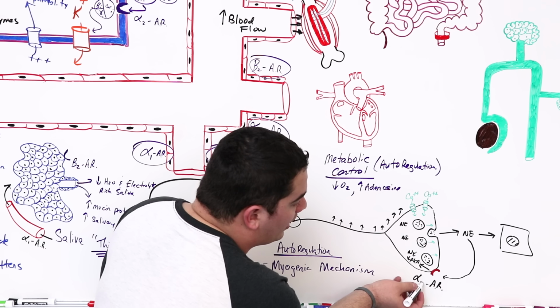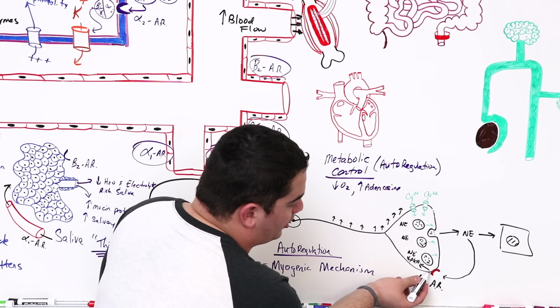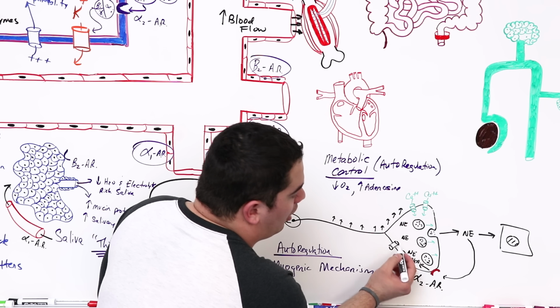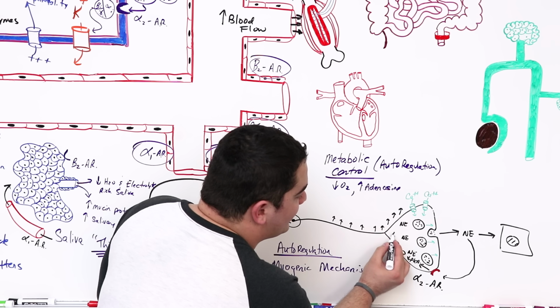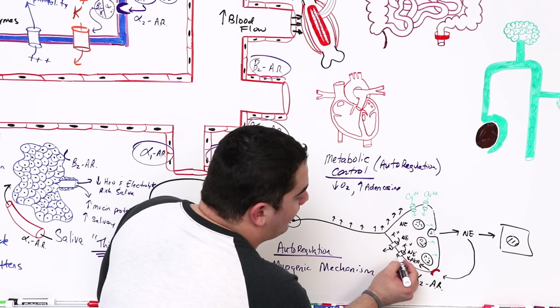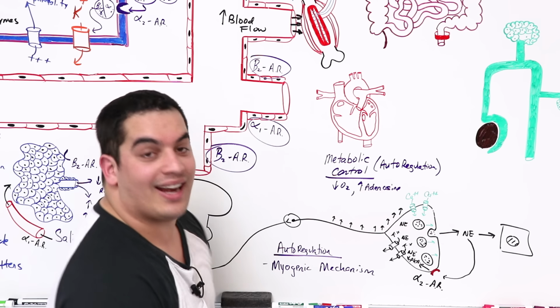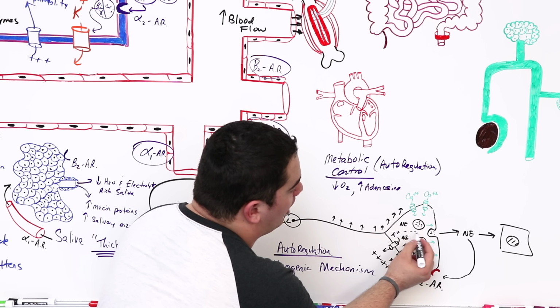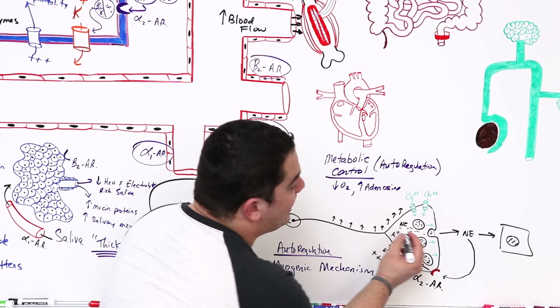Another thing is, if it binds onto the alpha-2 adrenergic receptors, remember what else it did? It opened up special channels on the membrane that were sensitive to the beta and gamma subunit and allowed for potassium to leak out of the cell. If potassium starts leaking out of the cell, it makes the cell increasingly more negative.